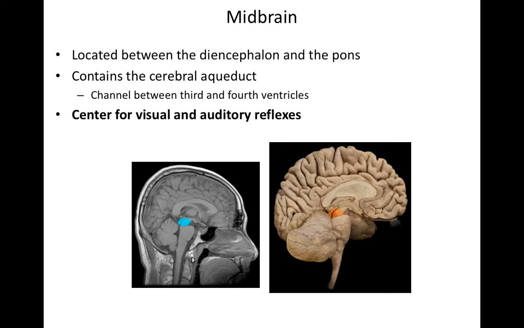Brainstem injuries tend to be very, very serious because of the significant autonomic homeostatic controls that lie within the brainstem.